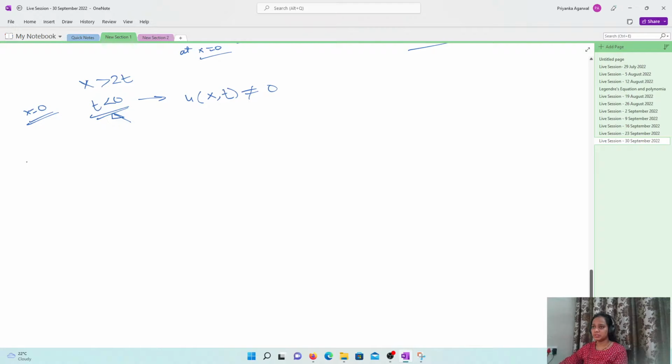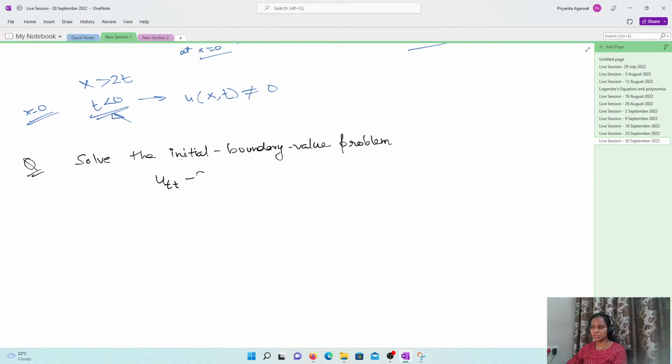Now let's solve another question. So we have to solve the initial boundary value problem, where we have this problem u_tt minus u_xx equals 0, and u(x, 0) is 0, and u_t(x, 0) is x cube, and u_x(0, t) equals 0, and this is for t greater than or equal to 0, and all this is for a semi-infinite domain.